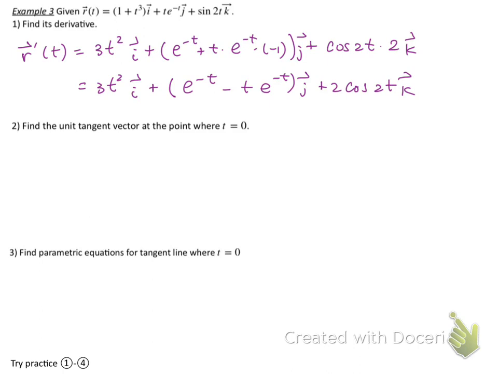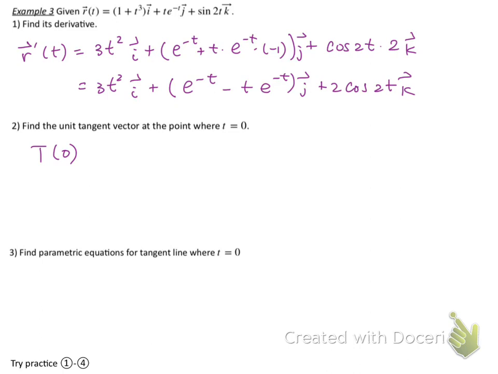The second question is to find the unit tangent vector at the point where t equals 0. When t equals 0, the point is 1, 0, 0 on the curve, but it doesn't matter. We know t equals 0, we have the parameter, and that's all we need.